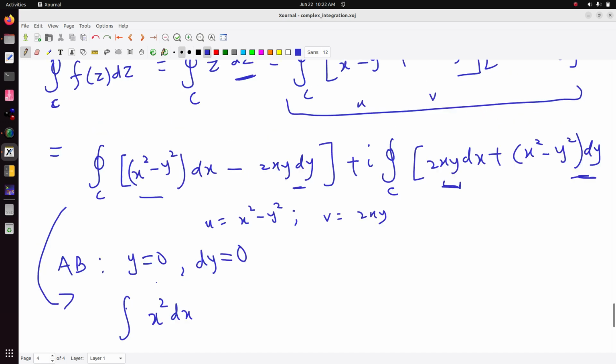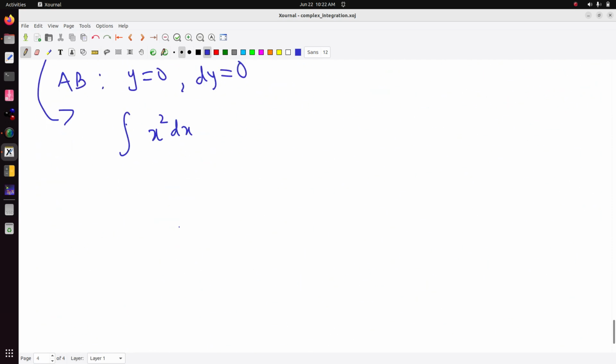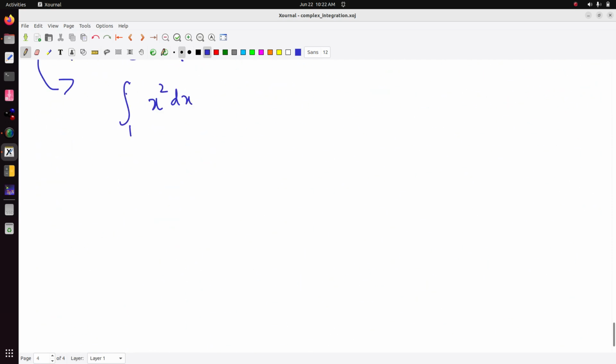Now, the limit of integration for AB, x is from 1 to 2. If you do the integration, you have x cubed over 3 from 1 to 2. So substitute: 2 raised to the power 3 over 3 minus 1 raised to the power 3 over 3. That will be 8 over 3 minus 1 over 3, and that will be 7 over 3.